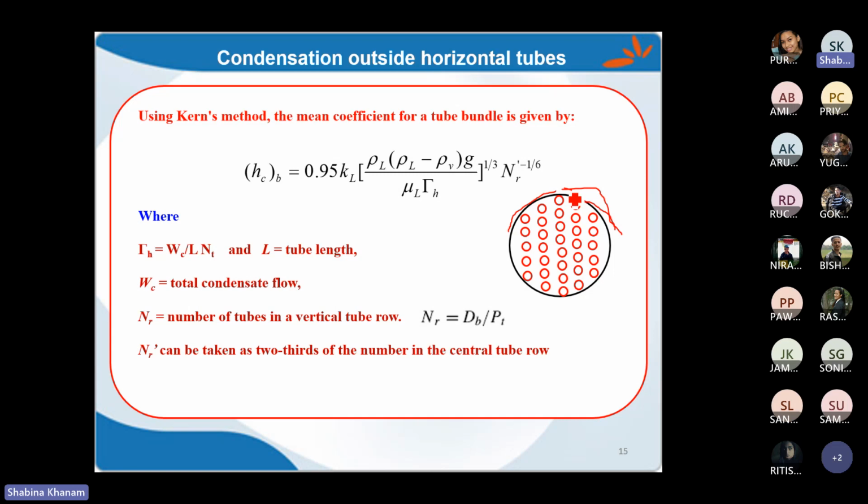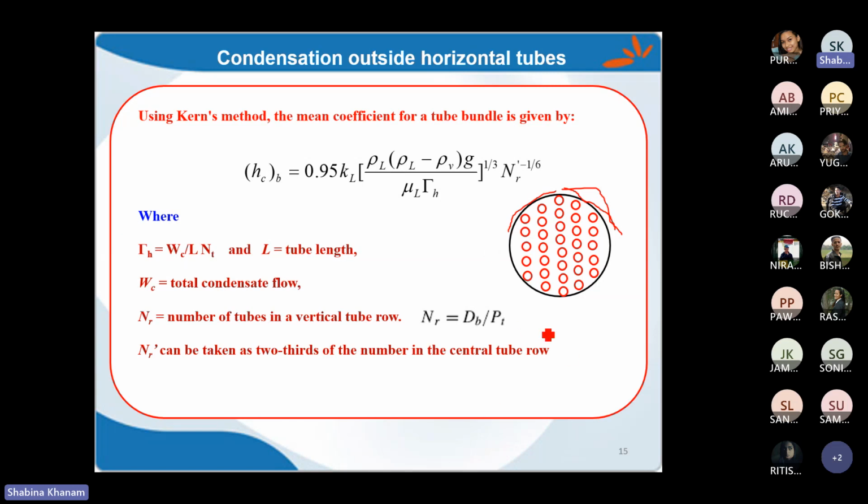It means whatever heat transfer coefficient you calculate by considering NR at the center will give you the minimum heat transfer coefficient, because the film thickness would be maximum over here. So instead of NR, we will consider NR prime, which is 2/3 of NR. You need to consider the average value for the bundle.